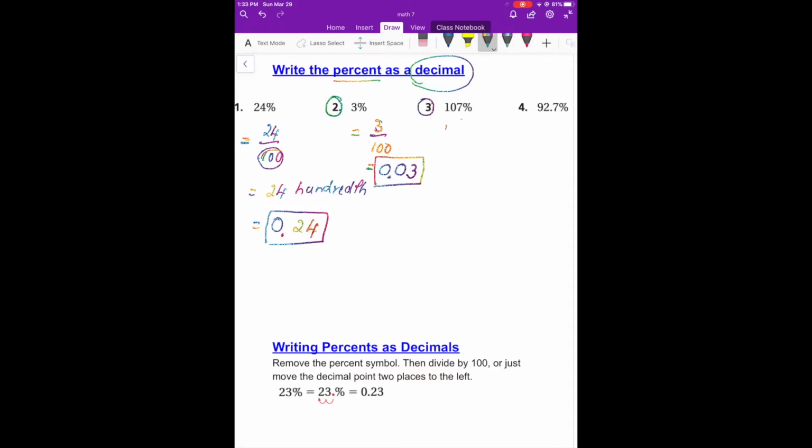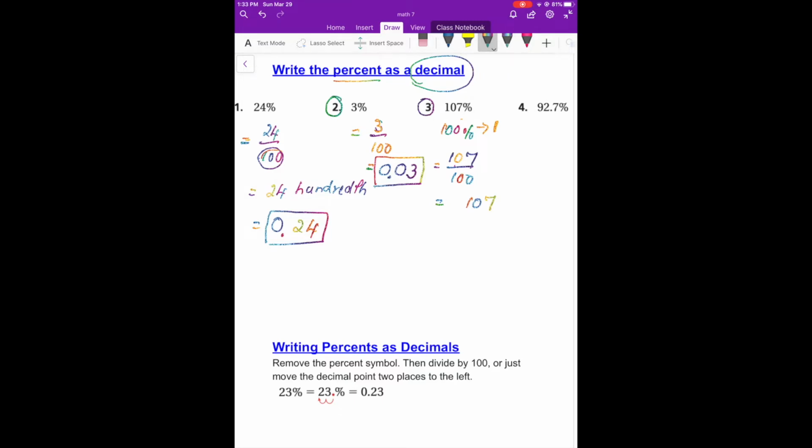Number 3 we have 107%. You already know 100% means one whole. It's 100 over 100, which is one whole. So the answer is going to be more than 1 because it's 107%. So 107% means 107 over 100.